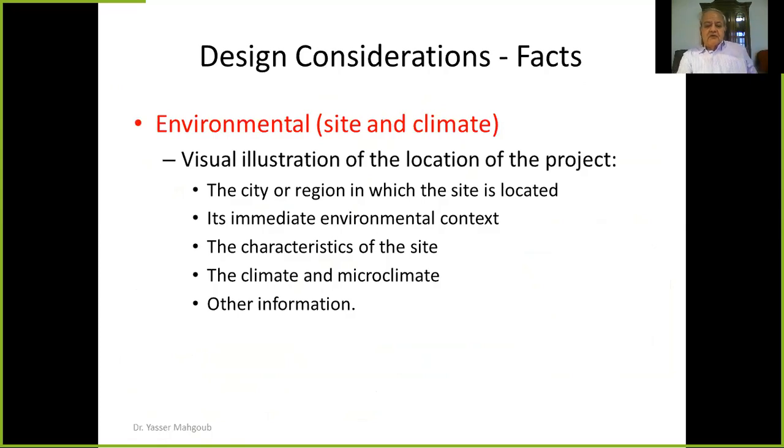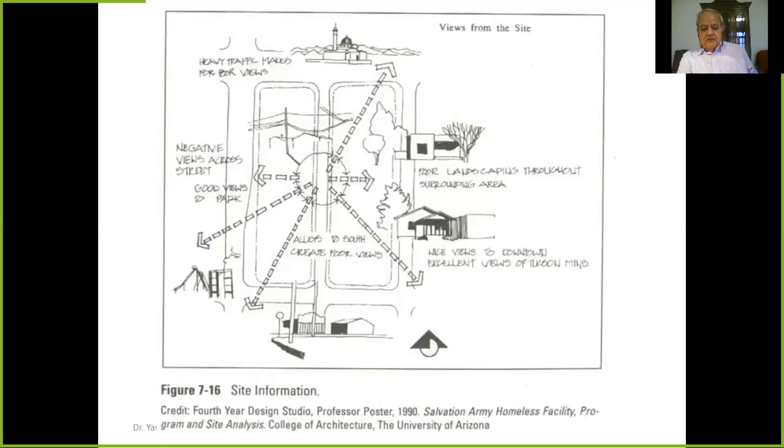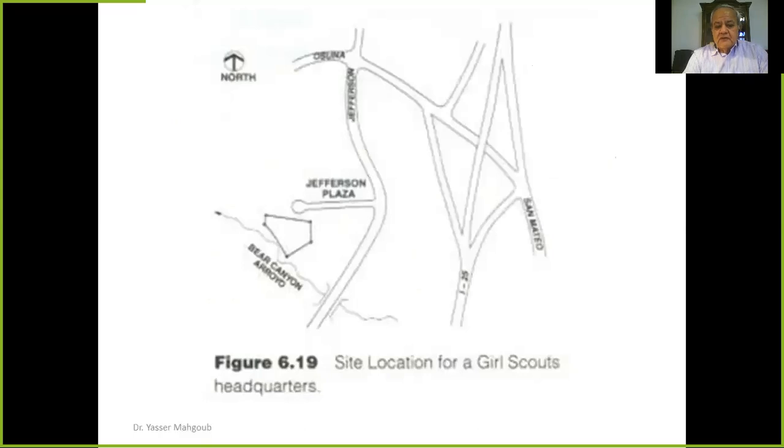Of course, all the environmental factors you already understand that. The characteristics of the site, the climate, the immediate context, the environment, and how to analyze the site in terms of views, in terms of surroundings, in terms of different buildings and landscape around it.